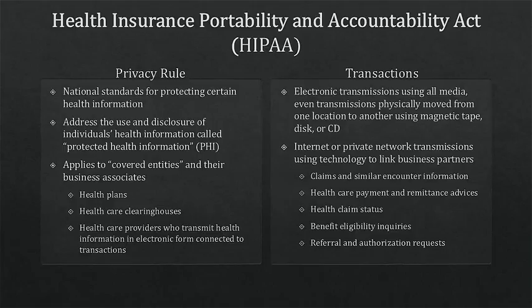Every healthcare provider who electronically transmits health information in connection with certain transactions is expected to comply with the privacy rule. These transactions include claims, benefit and eligibility inquiries, referral or authorization requests, and any other transactions that have established standards under HIPAA. Using electronic technology such as email does not mean a healthcare provider is a covered entity. The transmission must be in connection with a standard transaction.